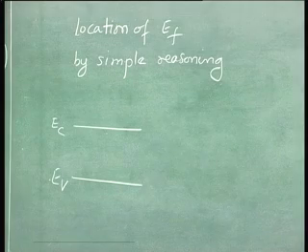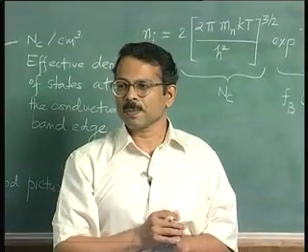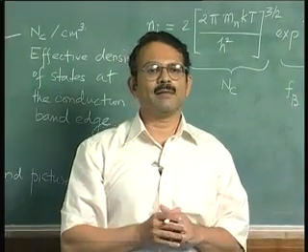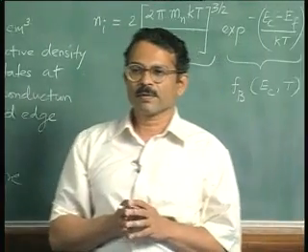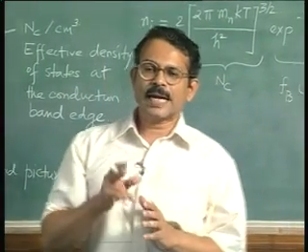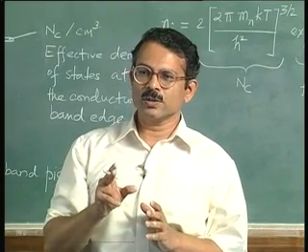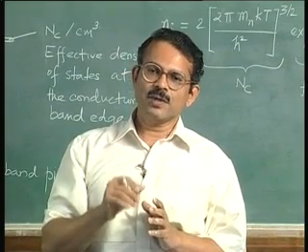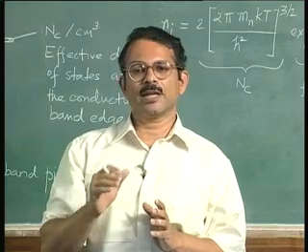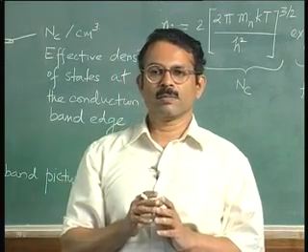Let us start with the definition of Fermi level at t equal to 0. The definition of Fermi level is that it is that level above which no level is occupied at t equal to 0 and below which all available states are occupied. Okay.